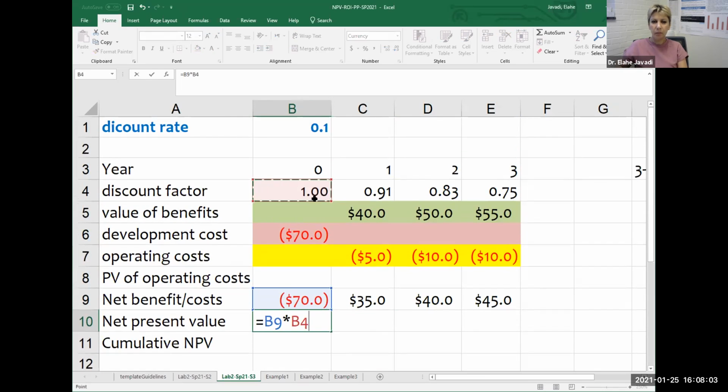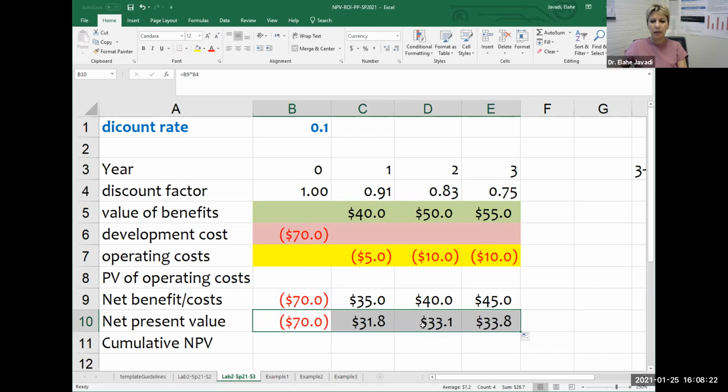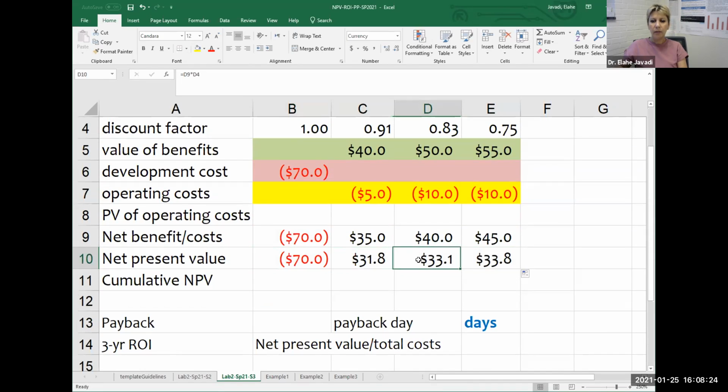That discount factor is 1 divided by 1 plus your discount rate raised to the power of the number of years. So I enter, come to the bottom right corner, and drag it to the right. I'll get those values, and those are in today's dollar value.